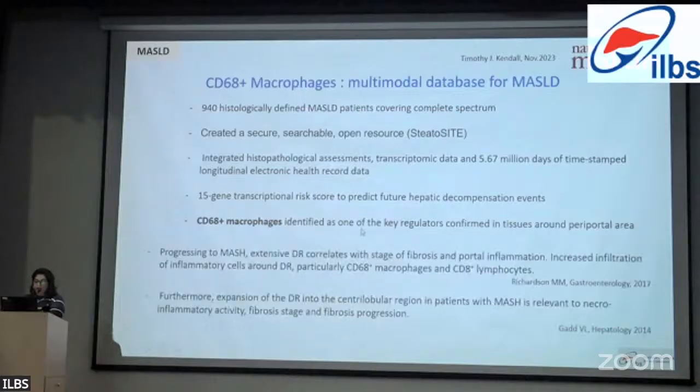This has already been confirmed in other papers, where they found that ductular reaction cells, which lead to more fibrosis and portal inflammation, have an increased amount of CD68 macrophages and also CD8 lymphocytes. These not only lead to progression, but also to an inflammatory state, necrosis, and further deterioration of the disease.